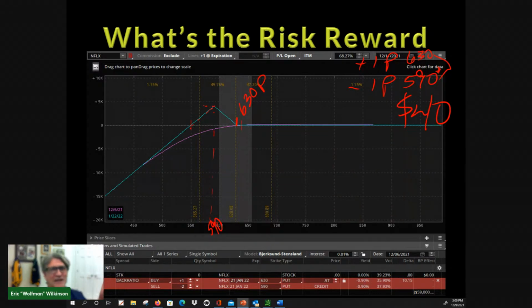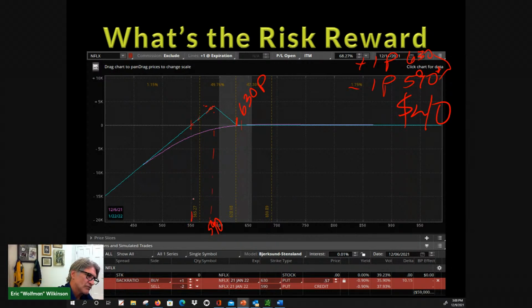The long put spread retains its value, but the short extra put is offsetting it. All right. So you can see as we start going down, that short put starts hurting it, and we hit our break even right there, $40 lower from 590 to 550.